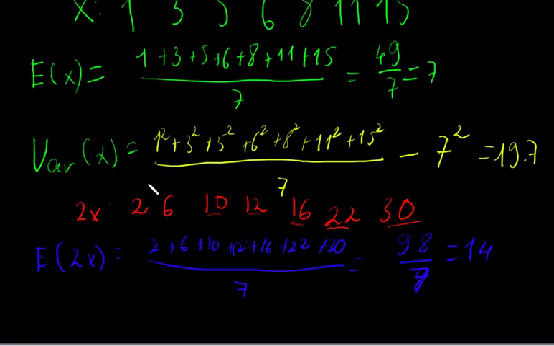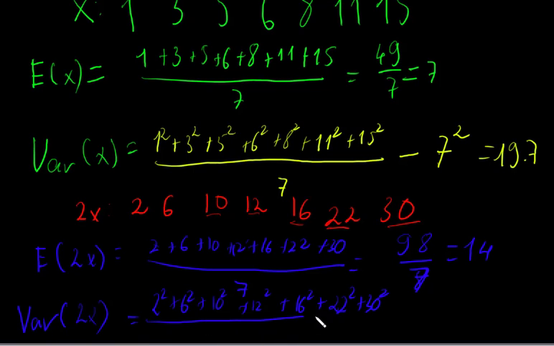So what about variance? Let's say we want to find the variance of 2x. This is equal to 2 squared plus 6 squared plus 10 squared plus 12 squared plus 16 squared plus 22 squared plus 30 squared, divided by 7, minus the mean, which is 14 squared, and that gets us 78.9.